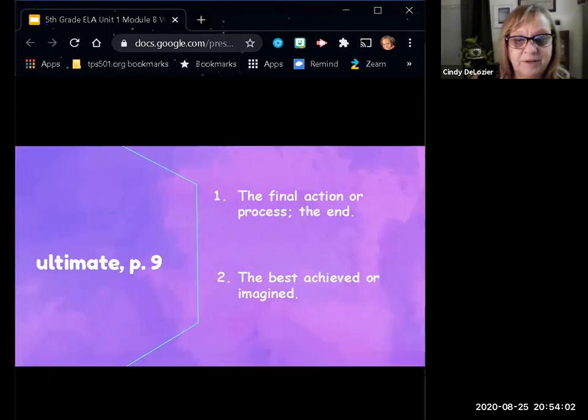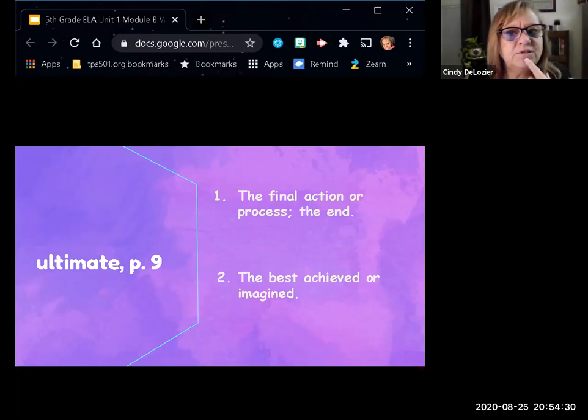And finally, I would like for you to watch for the word ultimate in the text. There are several definitions. The first definition is the final action or process, the end. But another definition for ultimate is probably one you're more familiar with, and that is the best achieved, the mostest, the most imagined.